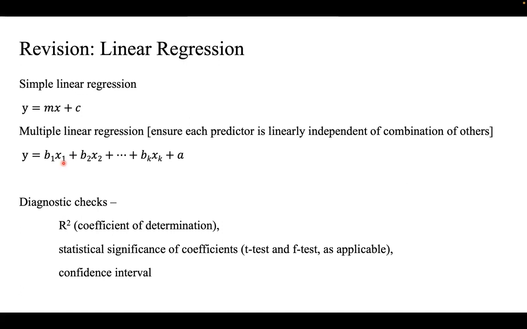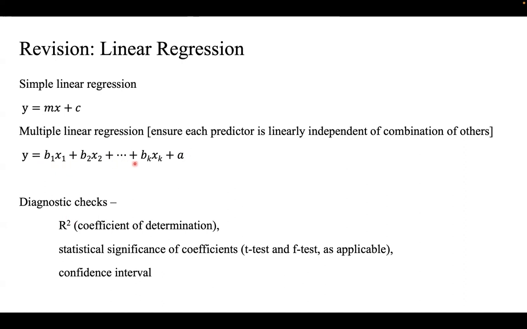All right. So additionally, we also discussed certain diagnostic checks that should be done once you have an equation at hand. You should check if the coefficient of determination is high, if each of the coefficients that you have here, m and c and b1 until bk and a, each of these are significant. The model itself is significant.